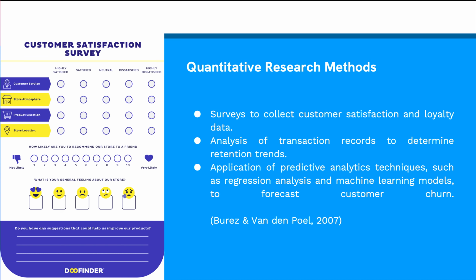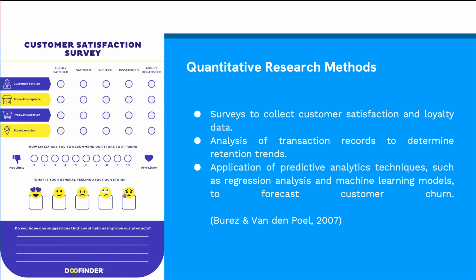Quantitative research methods. For quantitative research, this study collects data through, first, surveys with structured questions on customer satisfaction and loyalty. You can see that on platforms or even in airports, they ask the customer to click on satisfied, unsatisfied, or neutral.